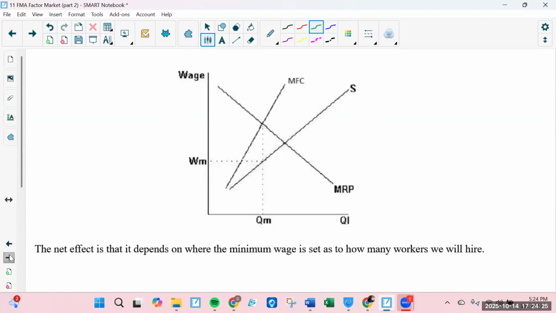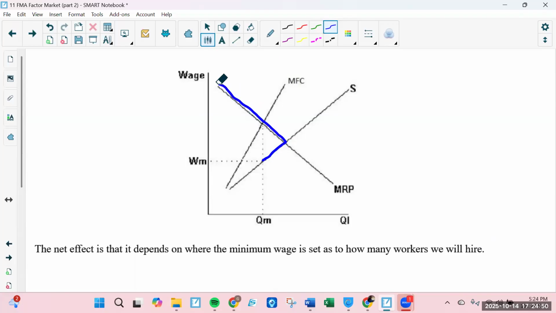Now let me show you this. This is kind of interesting. How many workers get hired actually depends on how high the minimum wage is. In fact, the quantity actually goes like this. Oops, that should be a straight line there. It's really bad. Okay, it goes like this.